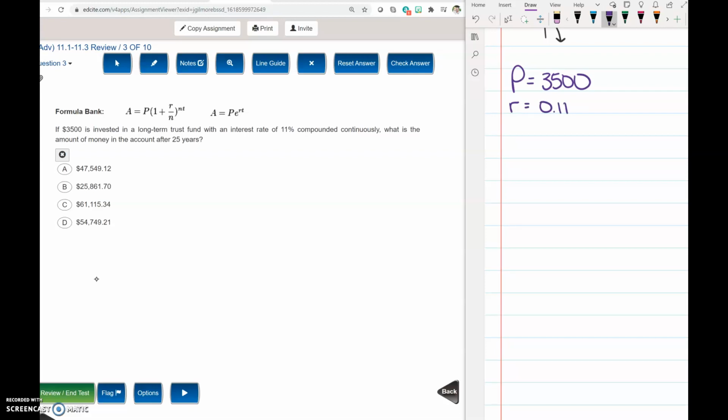It says it's compounded continuously, which means we are going to use the PERT formula, the formula that has E in it. When you see continuously, you're going to use the formula with E. And it says that our time is going to be 25 years. So 3,500 times E raised to the 0.11 times 25.